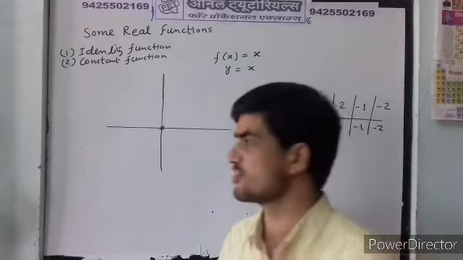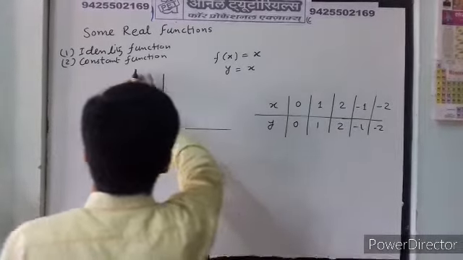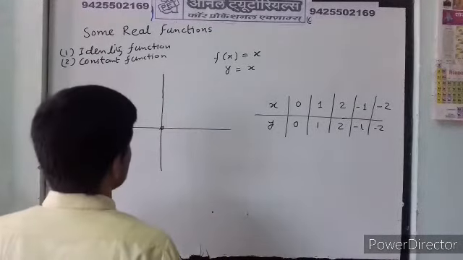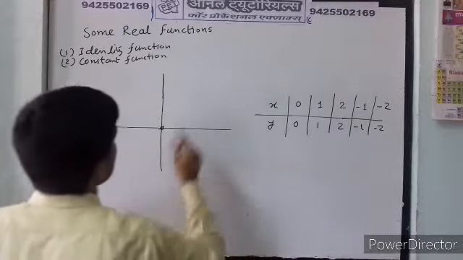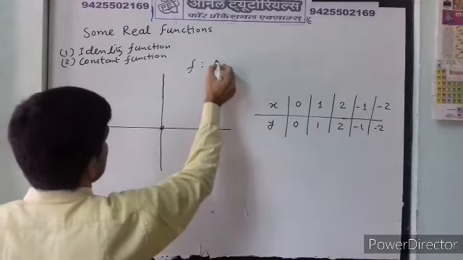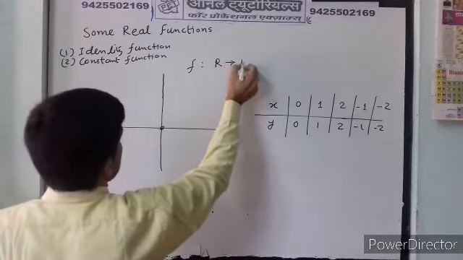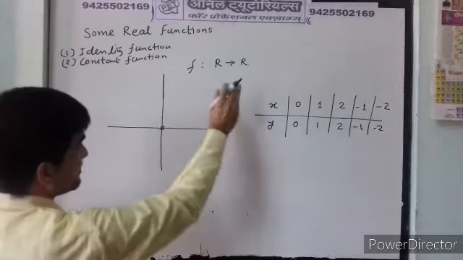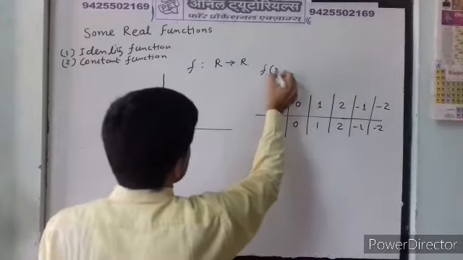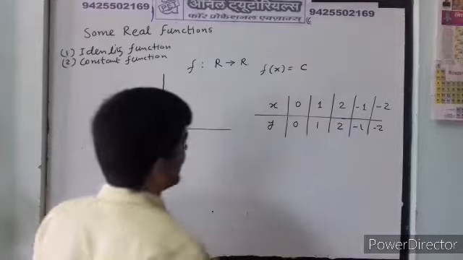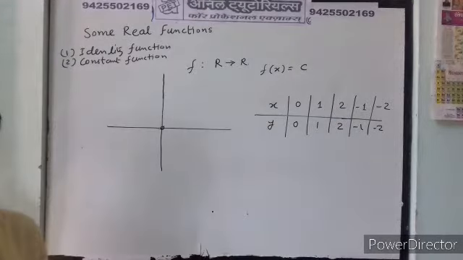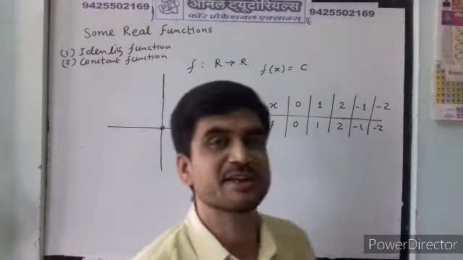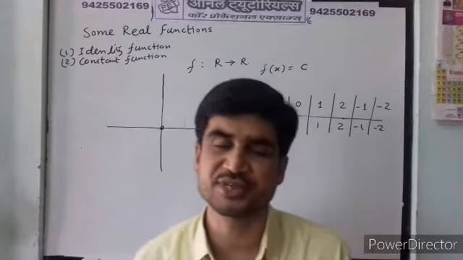Y always remains constant. So the constant function is a function from R to R, such that f(x) is equal to any constant value. Say, for example, arbitrarily we can choose any value.